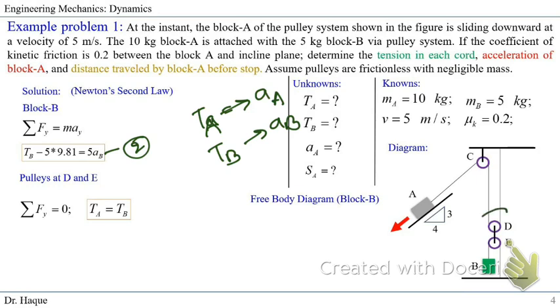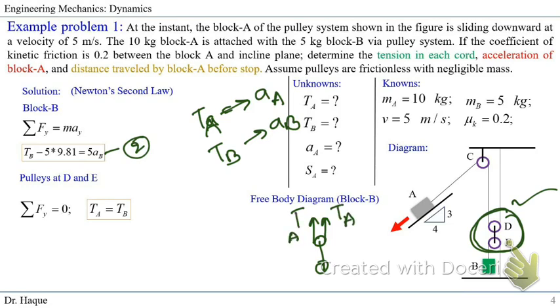So we're gonna focus on this part of the pulley system, DE, so pulleys at D and E. When there's a pulley and there are 2 cords and they're all balanced and parallel, the tension of these 2 cords is TA.